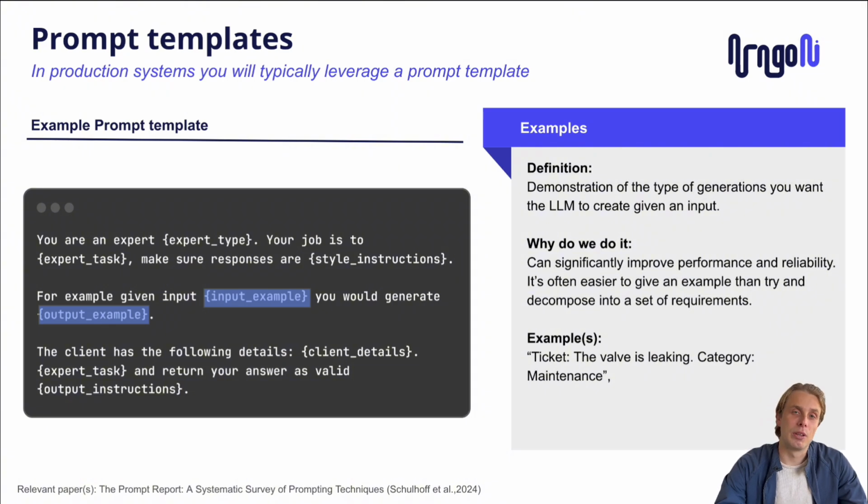Examples. You can provide in your prompt either zero examples, which we would call a zero-shot prompt, or multiple examples, which we would call few-shot. The idea of shot here is the number of examples that you're providing. Sometimes this might even be referred to as in-context learning. You can think of shots as the number of chances you're giving the language model to pick up on what you're actually intending.